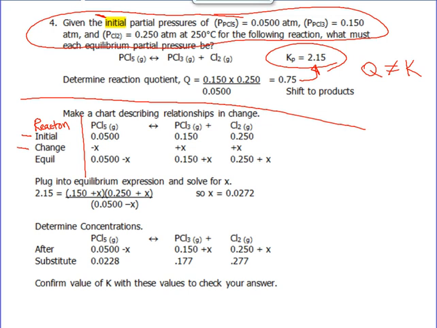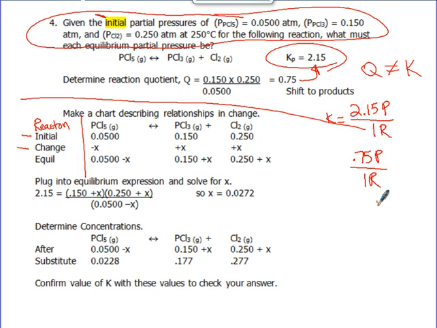So I have K as 2.15, Q is 0.75, and I like to think of this as 2.15 products for every 1 reactant, this is the K, versus 0.75 products for every 1 reactant.